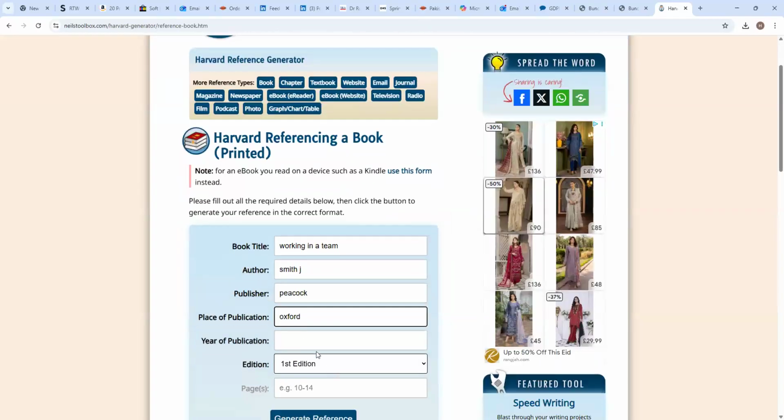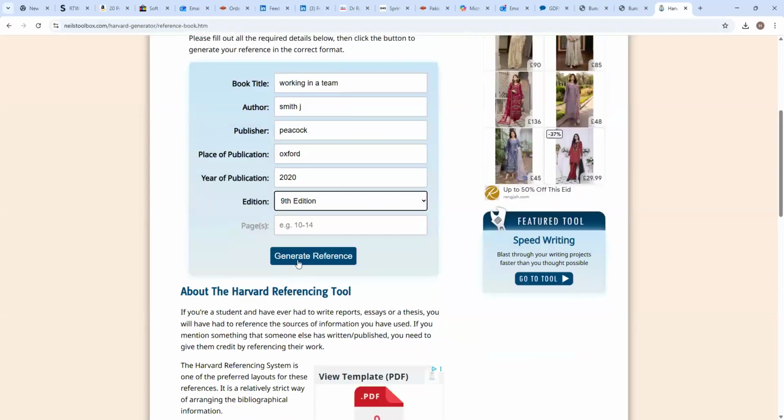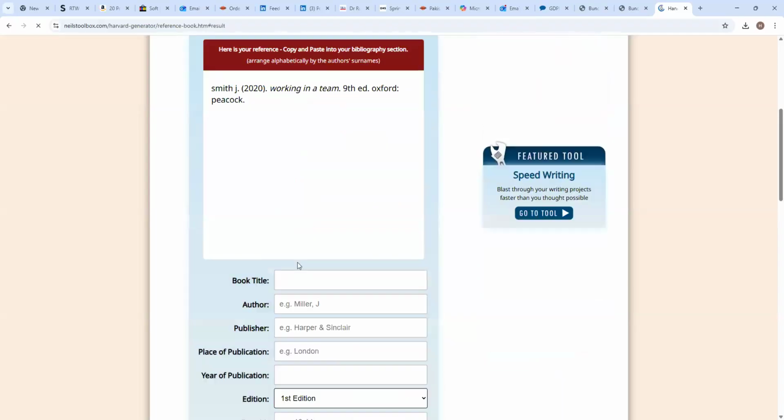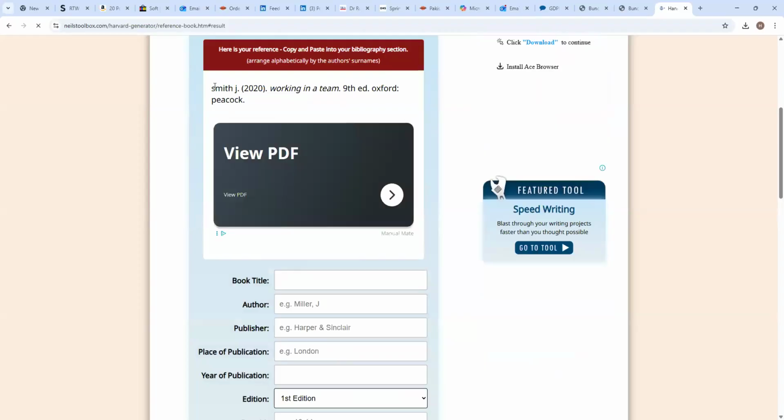And then you've got the publication year 2020, and the edition, it could be the 1st edition, it could be 9th edition, and then you just press this thing called generate reference. If you go to that, it's made it for you. Can you see there? It's actually made the reference for you where you can copy and paste that into the bibliography at the back. That will help you and make it a little bit faster for you to put it into your bibliography, because it says there, copy and paste into your bibliography section at the end.